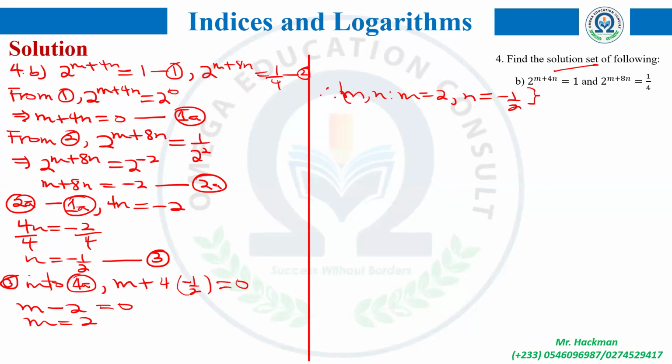Please do ask your question. Sir, please, when you are putting the n into the equation, I want to ask, why didn't you choose equation 2, but you chose equation 1a? I said you can put it in any of them.